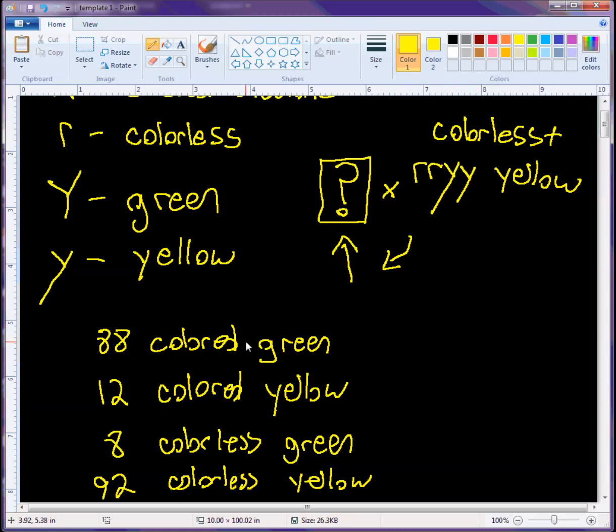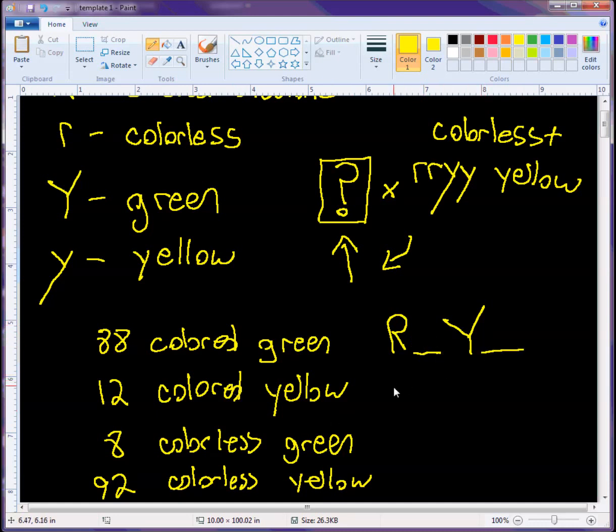So a colored in green offspring here would need to have at least one big R and one big Y, because big R is dominant to little r, big Y is dominant to little y.